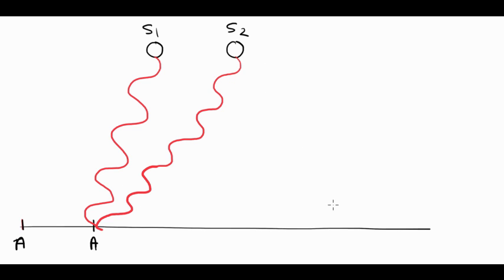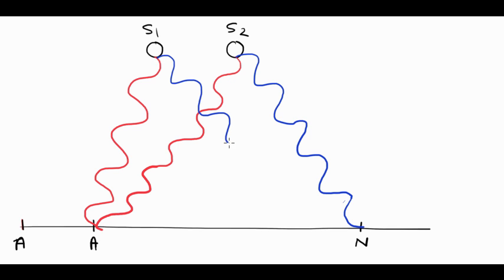If we take a destructive point on this side, a node where it's quiet, and draw our waves from source 2, the wave comes along and hits at that point, and the wave from source 1 has to travel further, but this time it has to interfere destructively, so it travels further by half a wavelength.